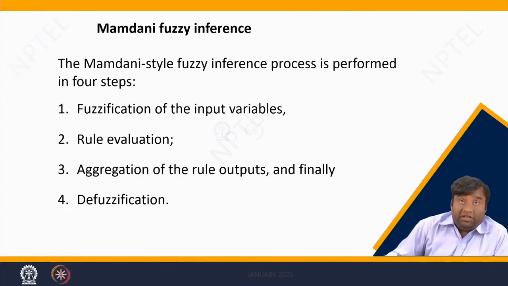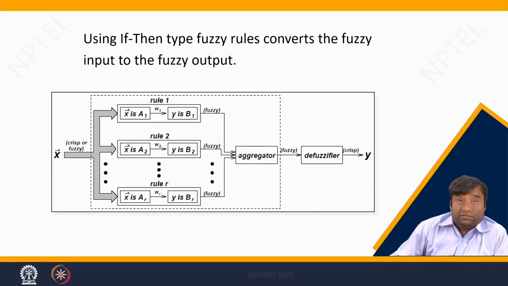So the Mamdani style fuzzy inference process is performed in four steps: the fuzzification of the input variable, rule evaluation, aggregation of the rule outputs, and finally defuzzification.